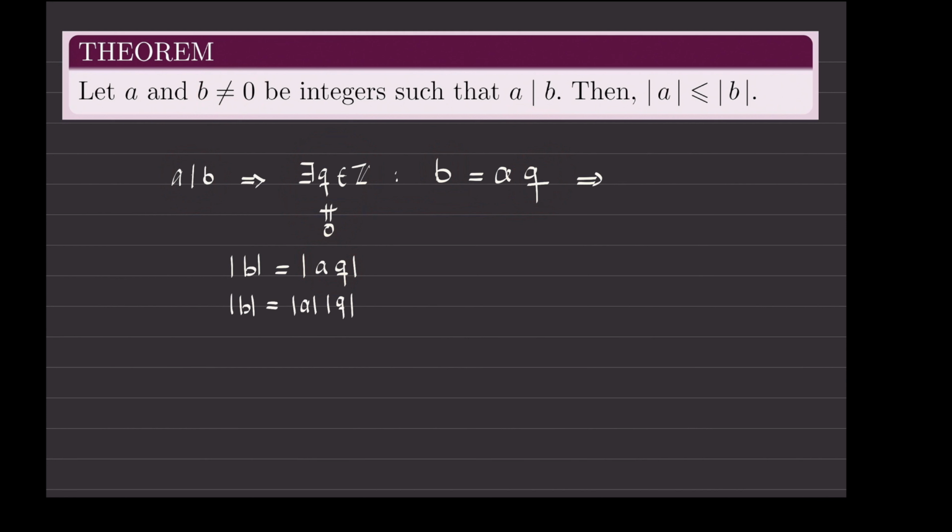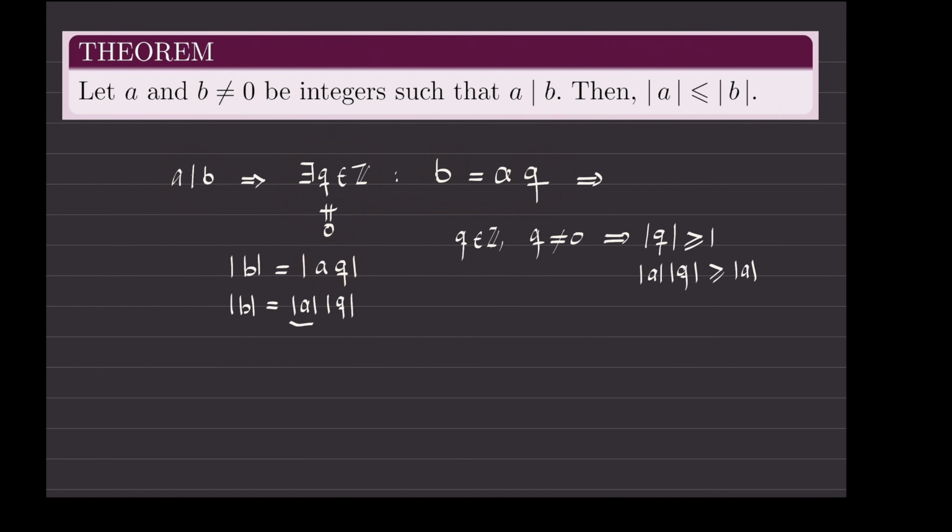Then we know that Q is an integer, and we know that Q is not equal to 0. So the absolute value of Q is at least 1, is 1 or greater than 1. So if I multiply everything by the absolute value of A, which is a non-negative number, this becomes greater than or equal to the absolute value of A.